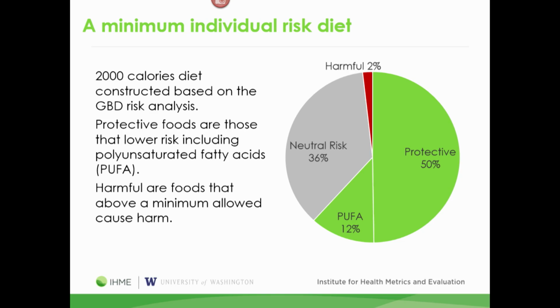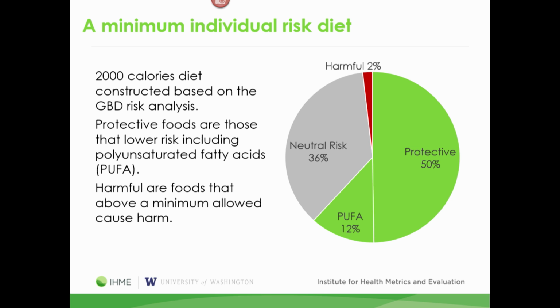And I've divided, rather than into different food groups, to make this simple, into protective factors, the harmful factors that we think, if you eat too much of them, cause you harm, but if you eat a little bit, like red meat at a minimum level, and then those for which we don't really think there's any net harm or benefit, sort of neutral calories.